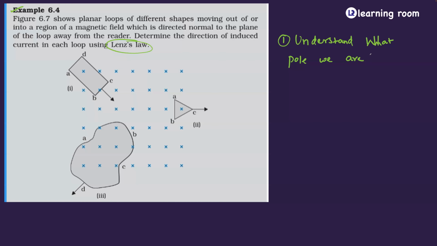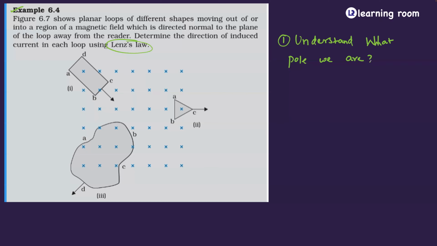How to find that? In this problem, the field lines are drawn into the plane of this board. When you're solving the problem, you're going to look at your notebook, so it is going to be into the plane of your notebook. Now tell me, out of the North Pole and the South Pole, which pole has the tendency to receive the magnetic field lines? South Pole will receive the magnetic field lines.